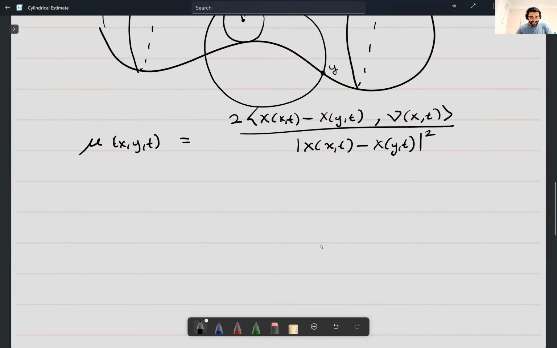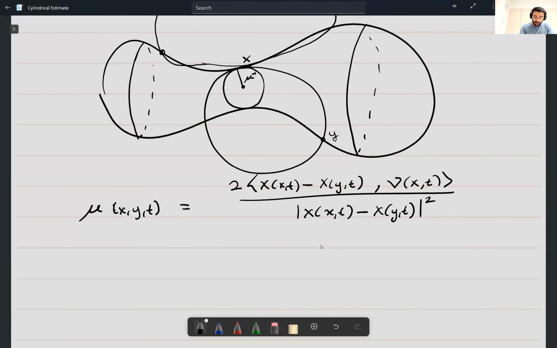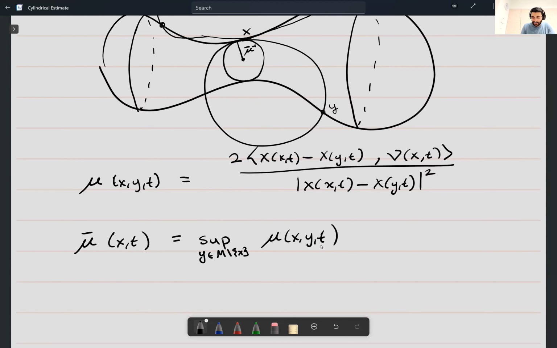Now, if I want to find the smallest ball that's contained inside the surface, I just have to take mu bar of x, t, which is the supremum over all y in M not equal to x. This quantity is called the inscribed radius.